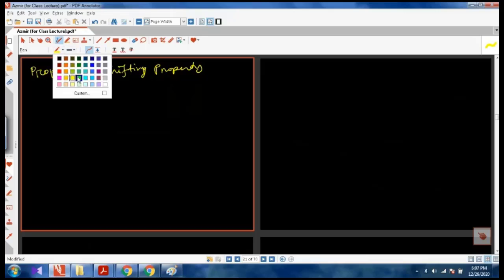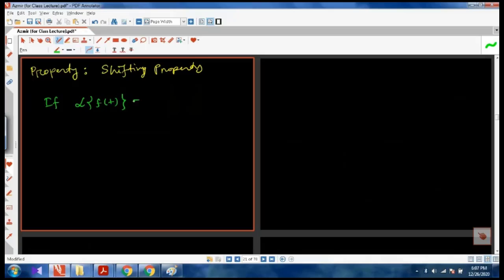So what shifting property says is that we know that Laplace transformation of f of t is F of s. So what if we have Laplace transformation of e power at f of t? It will be F of s minus a. So we are coming up with a new property.